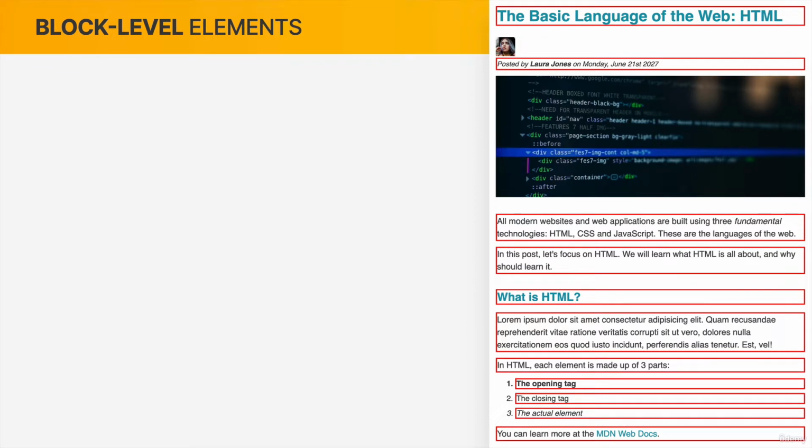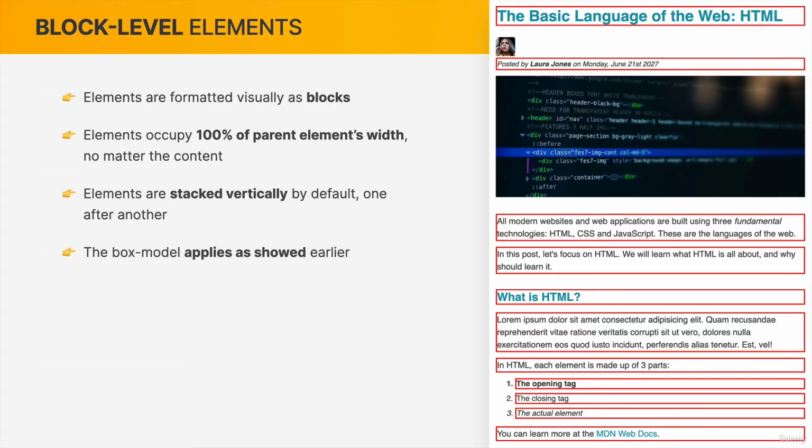So here I highlighted all of the block level elements or block level boxes that are on our page right now. And as I already mentioned, these elements are basically formatted as blocks. So big blocks of content which occupies 100% of the parent element's width. And that is true even if the content itself wouldn't actually require so much space. For example, this "What is HTML" heading actually wouldn't need the entire line, right?